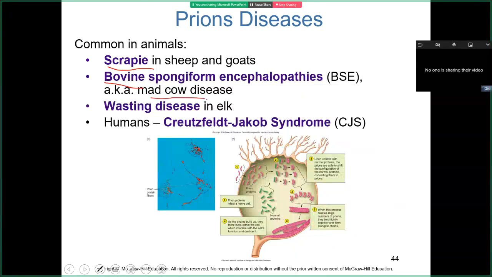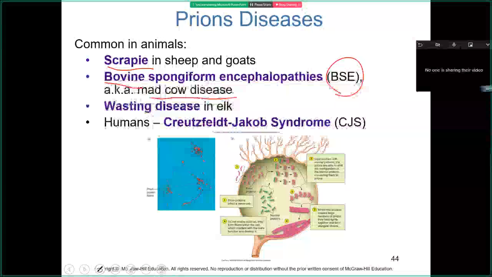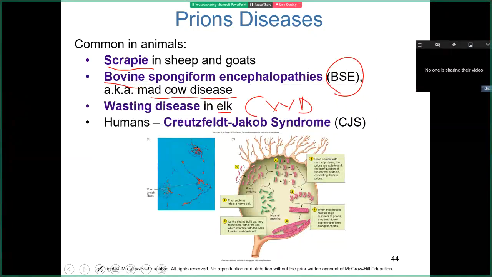So mad cow disease is the common name for that. BSE is the acronym that's commonly used in discussions and research that look at this particular class of diseases. And then we've got wasting disease, or CWD, chronic wasting disease. It says elk, but it's actually all of the deer. So that family of animals are the cervids.